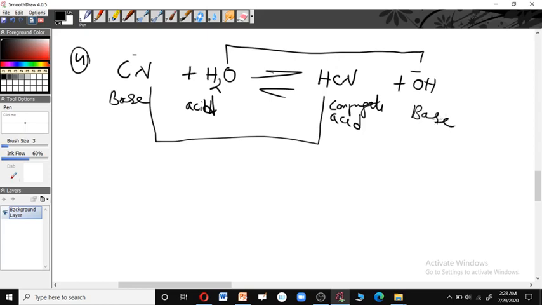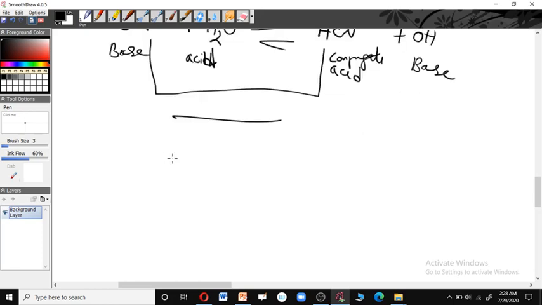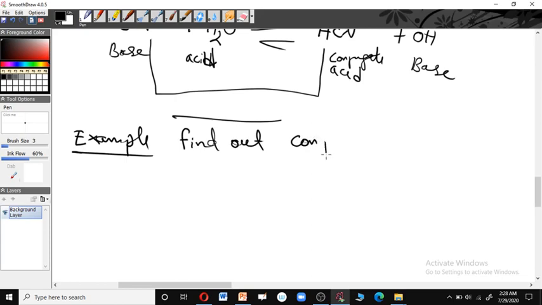So in a nutshell, suppose you are asked to find the conjugate acid and base of a compound like H2SO4.